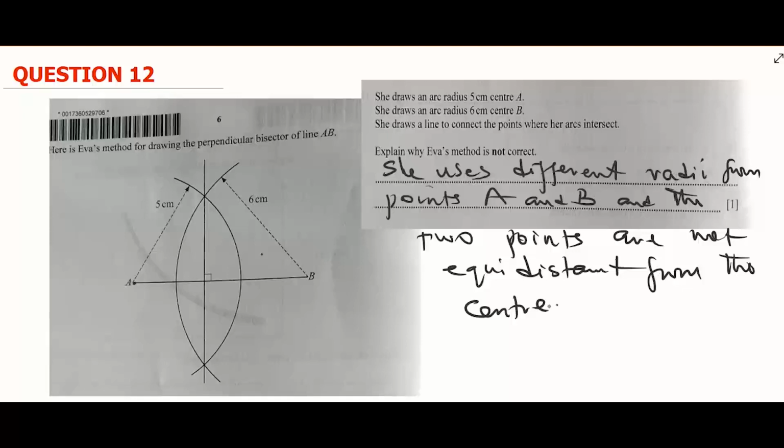Okay, because a perpendicular bisector divides A and B into 2 equal halves. That means the perpendicular bisector must pass through the center of A and B. So since she didn't use the same radii, she does not have equal distance between A and B, which means the method is wrong.